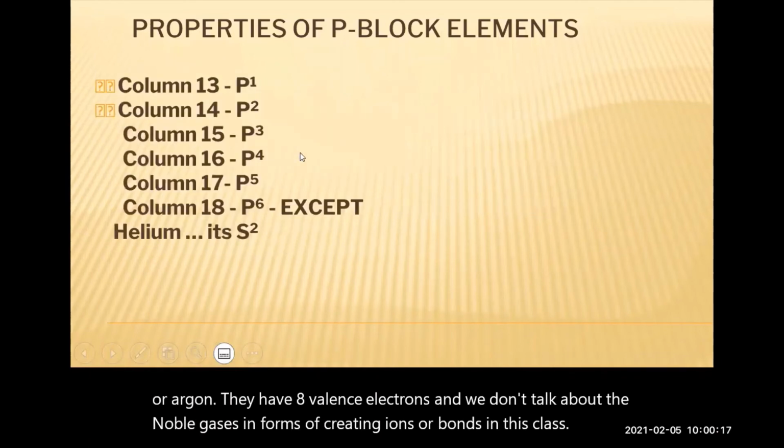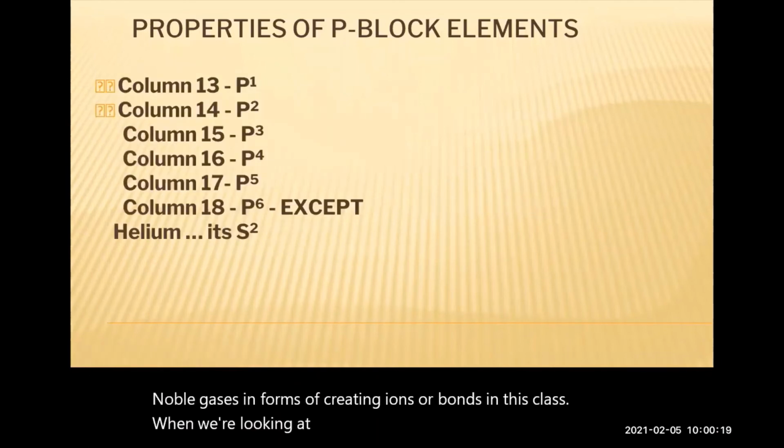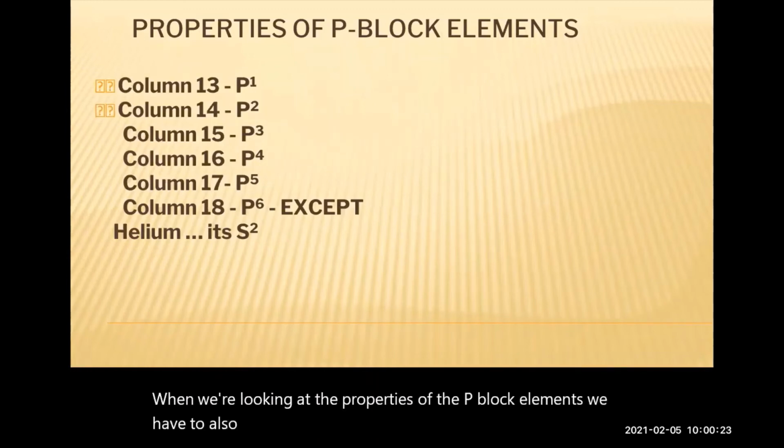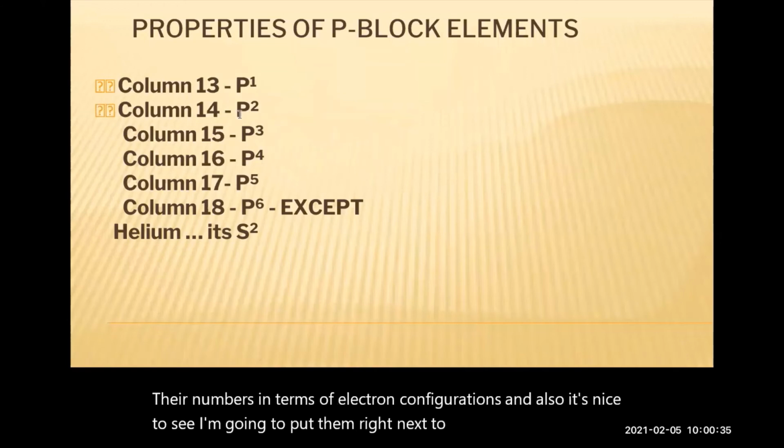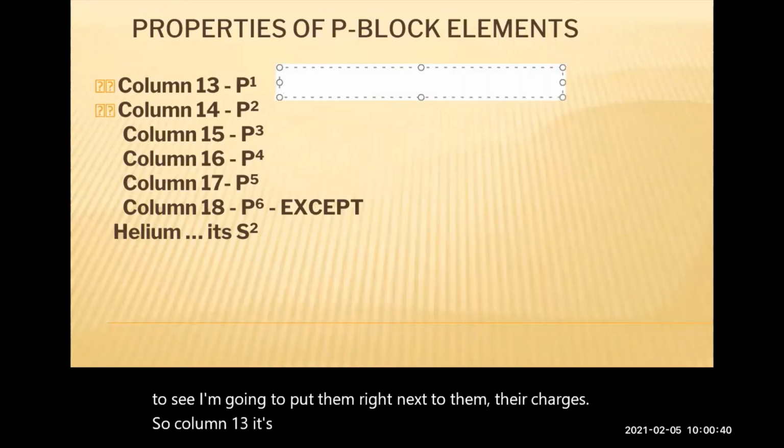When we're looking at the properties of the p block elements, we also have to look at their numbers in terms of electron configurations. And also, it's nice to see, I'm going to put them right next to them, their charges. So column 13, it's P1, and it's a 3+ cation.